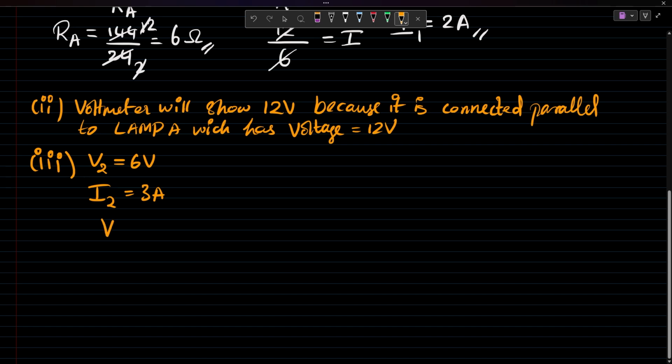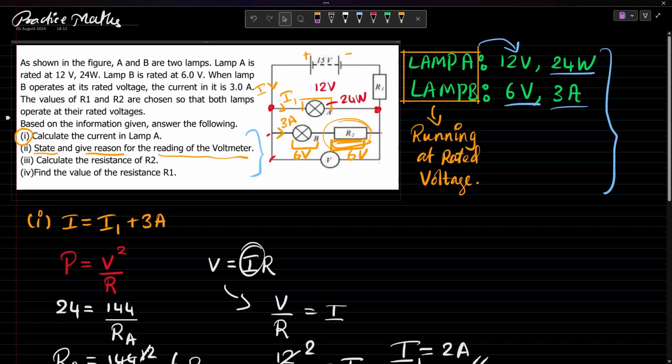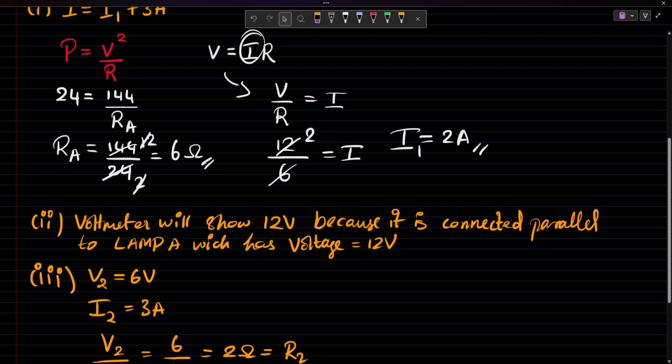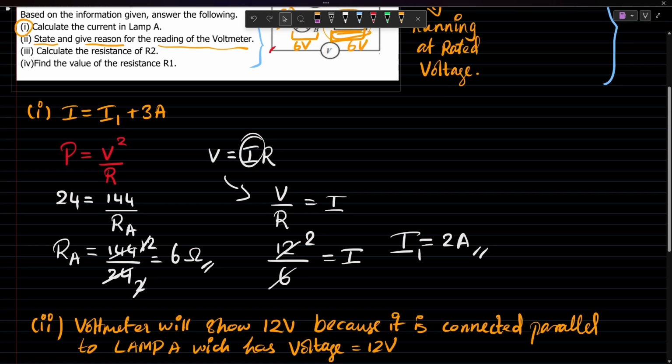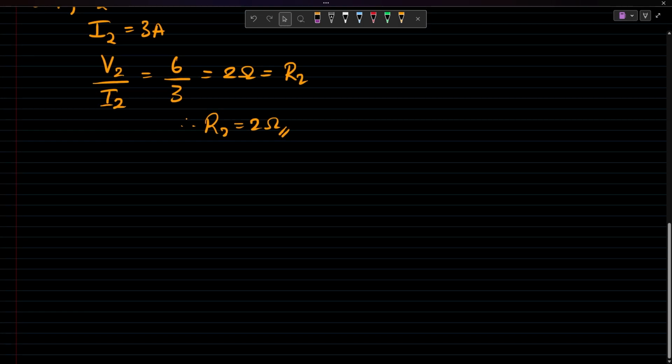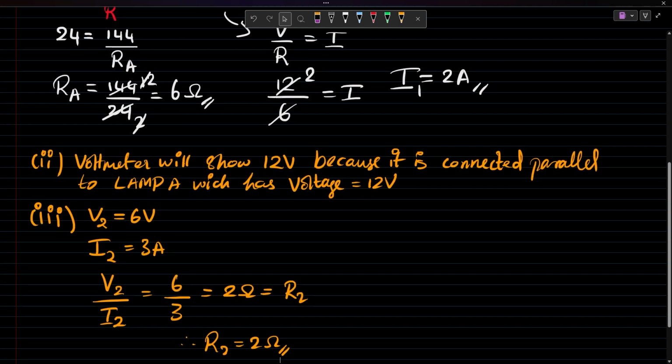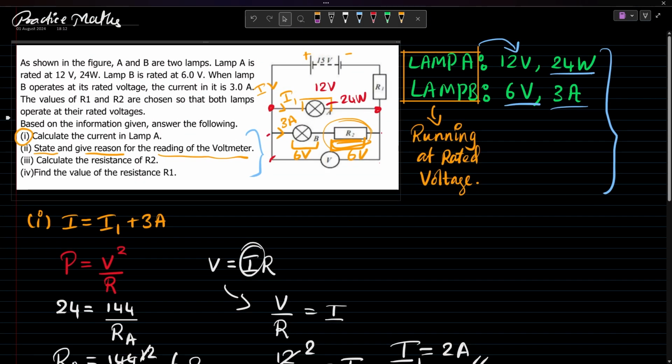So we just need to do V2 by I2, which is 6 by 3, which is 2 ohms. So R2 has 2 ohms. Similarly for lamp B, you can do the same calculation and you will see it has the exact same thing, 2 ohms.